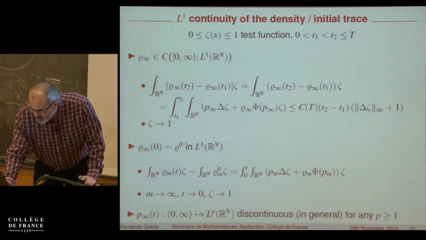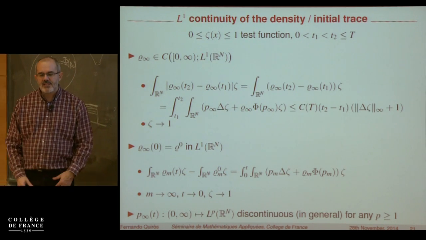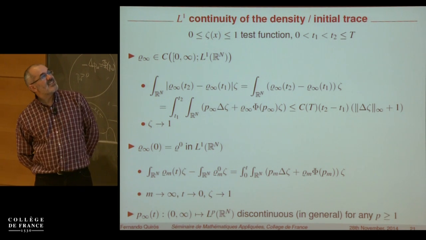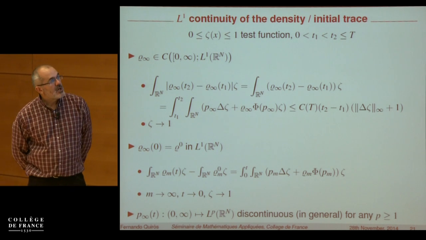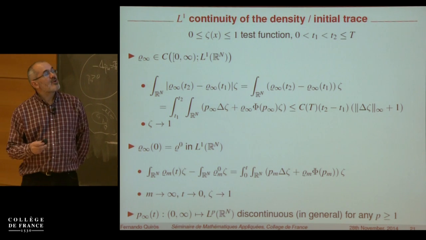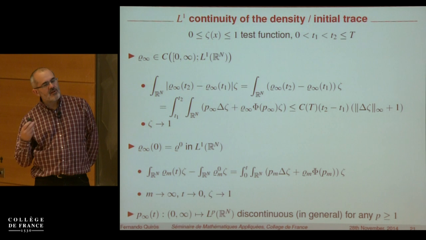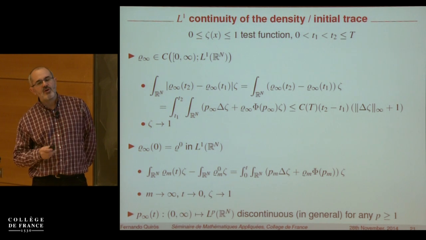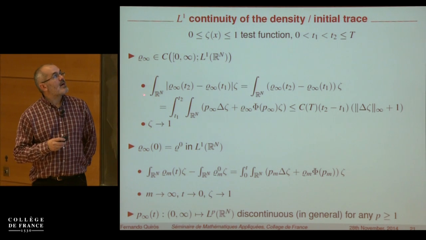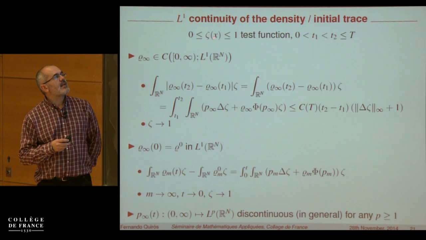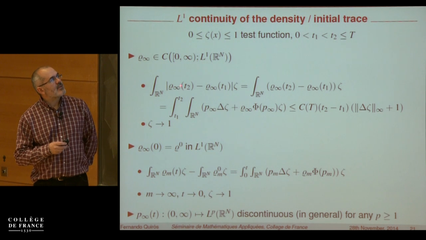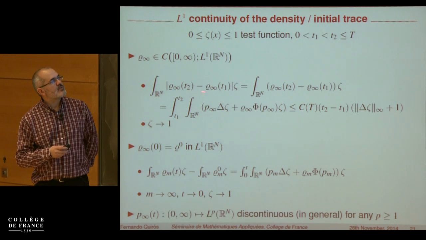I was saying also that the density is continuous, and that the initial data coincides with the limit of the initial data. The computation uses the monotonicity. There are other possibilities, but this is an easy computation once you know that the limit density is monotone. You take a test function that you will then let go to 1, and you compute the integral of the absolute value difference of these two things.